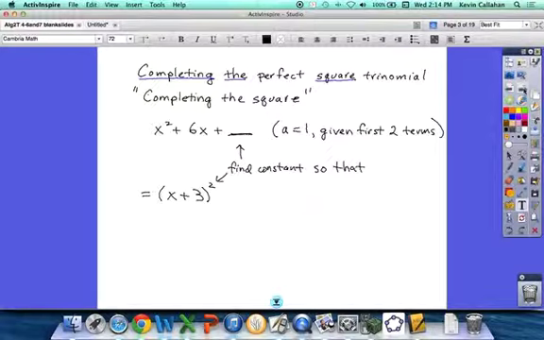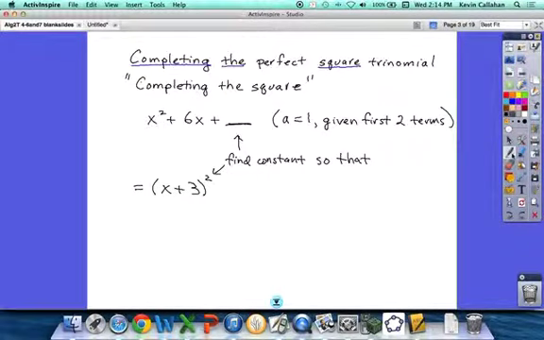So by completing the square, and that's the way you'll hear it referred to, it really means completing the perfect square trinomial, that thing that we've been factoring some already. Completing the square means completing the perfect square trinomial.